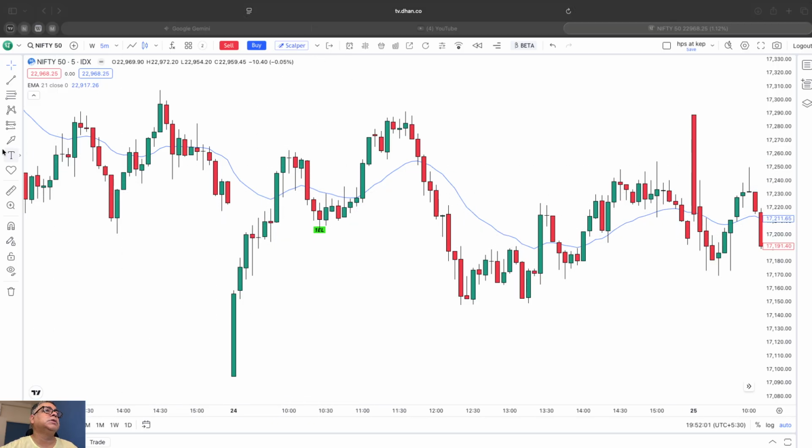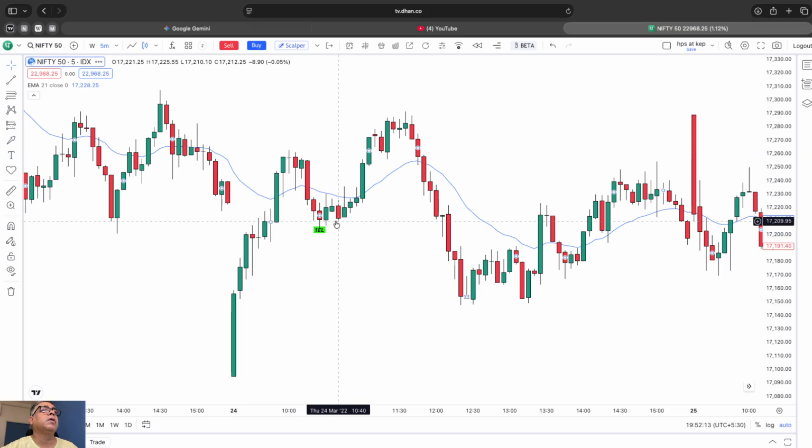Then see what happens. This big bar, though it's looking bearish, broke the high of the previous red bar. So it is second entry long. The color of the bar is not important.